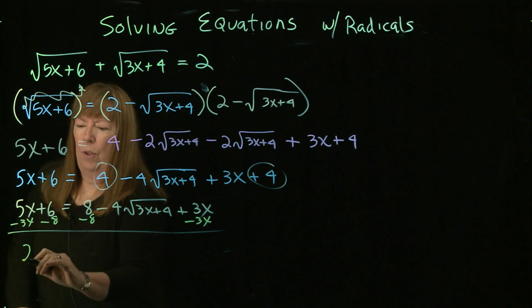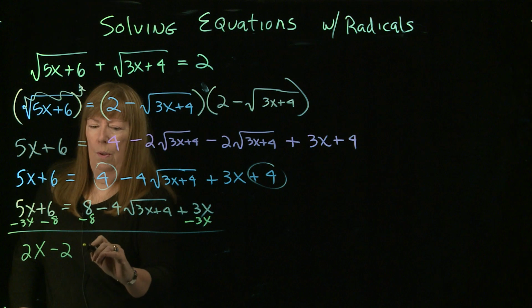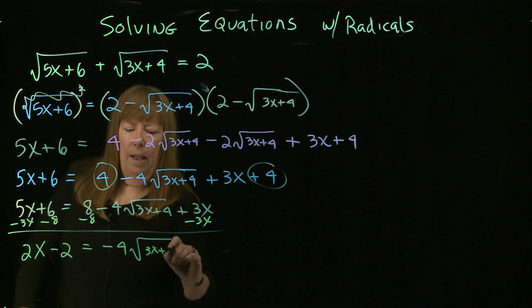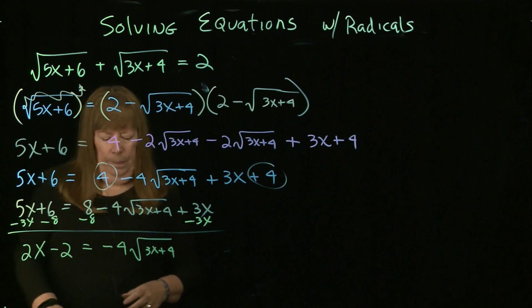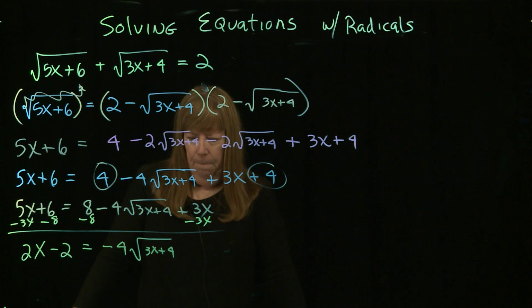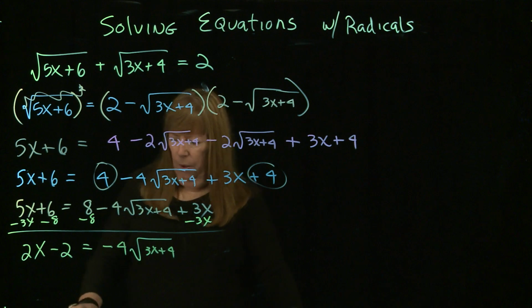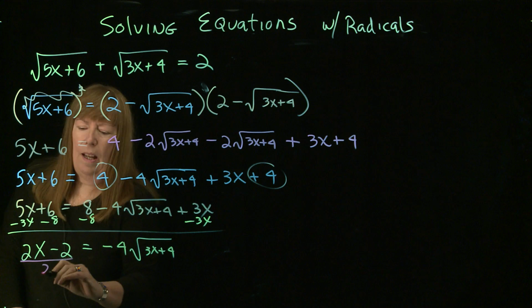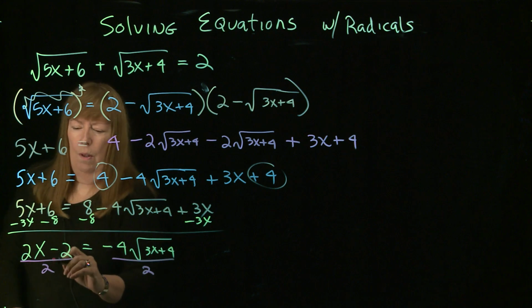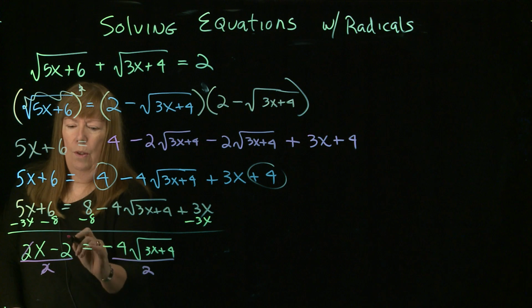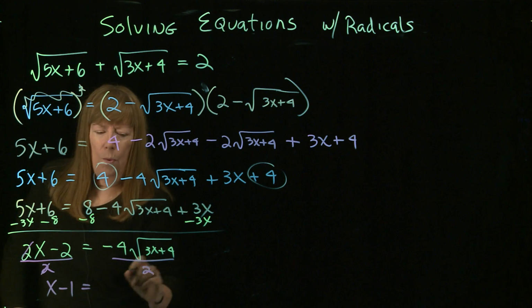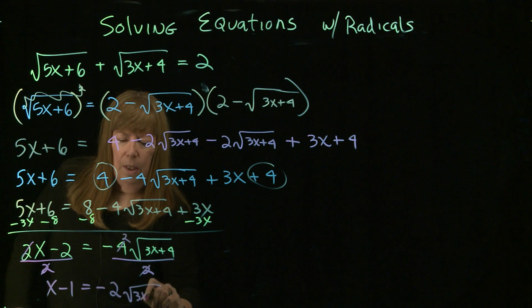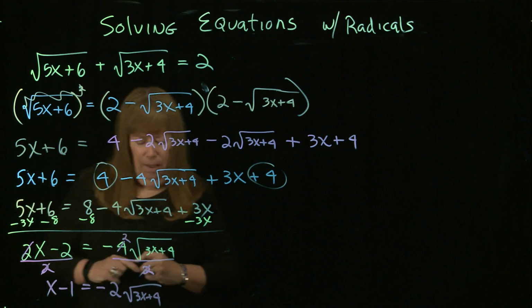So now we're going to have 2x minus 2 equals negative 4 times the square root of 3x plus 4. Okay, what do you think? Next thing I think I'd like to do is factor this. Or let's actually just divide both sides by 2. 2 goes into 2 once, and 2 goes into 2 once. So now I have x minus 1 equals negative 2 times the square root of 3x plus 4. And we're getting a little closer here.